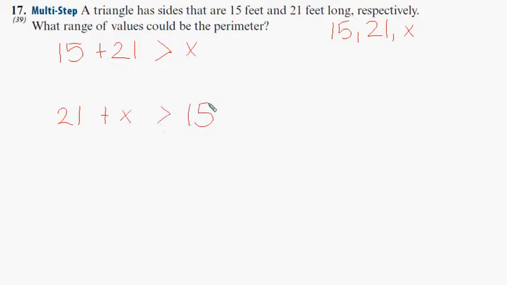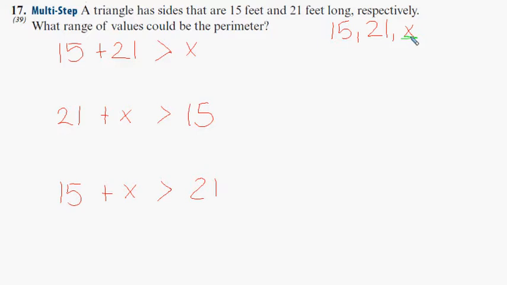And then we could have 15 plus x be the two shorter sides, and those would be greater than 21, right? Okay, so those are our three scenarios, and that's what's going to allow us to find the range of values for x. In other words, what are the numbers that could actually legitimately make this a triangle?